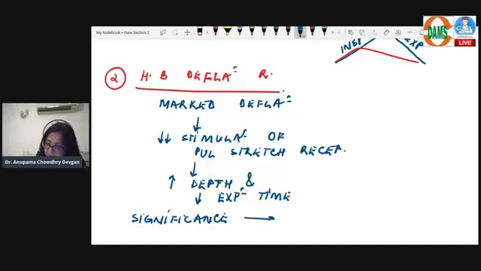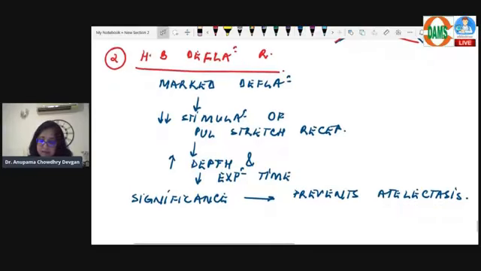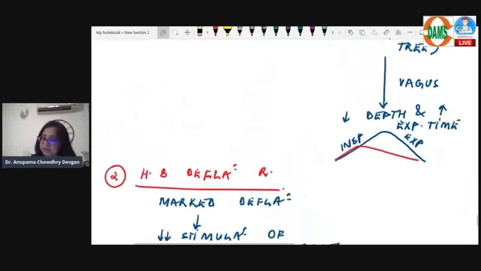The significance is that it prevents an atelectasis of the lungs. Right? This is what is known as the Hering-Breuer inflation and deflation reflex.